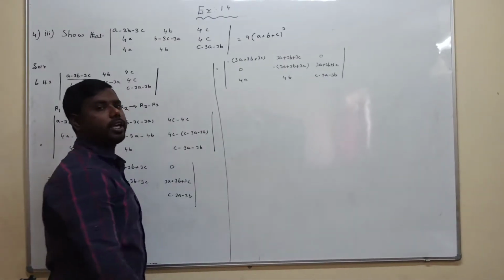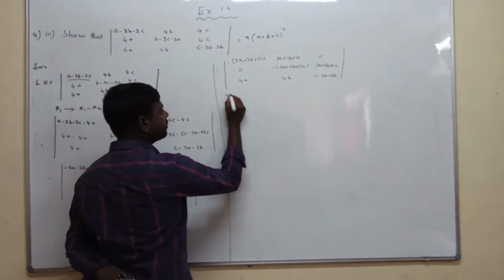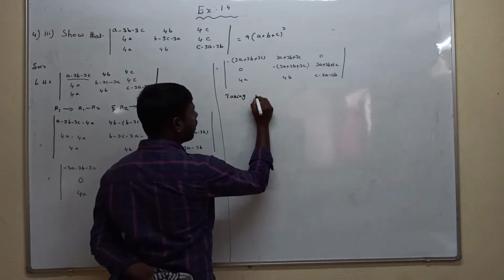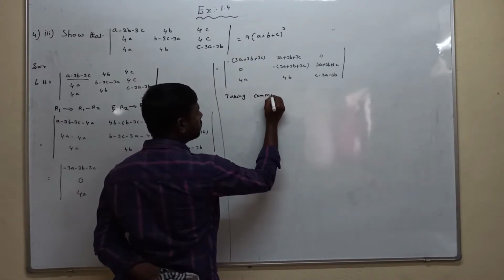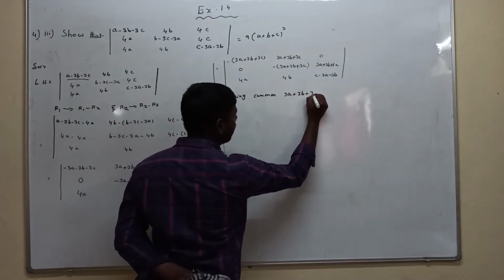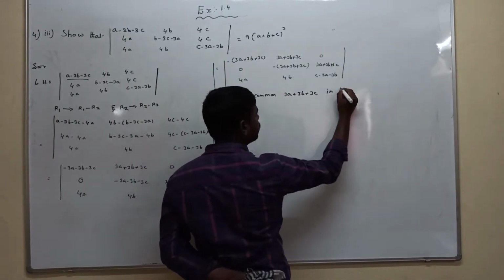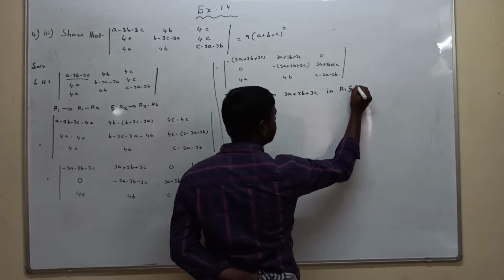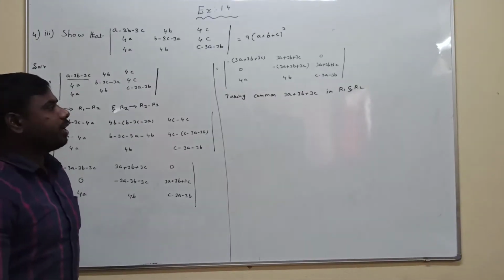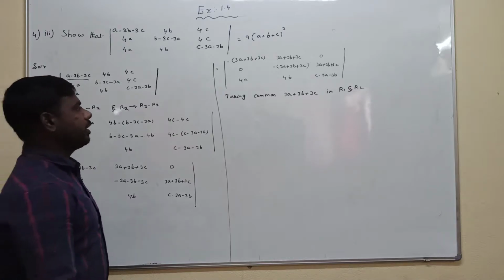In the second row also we are taking 3a plus 3b plus 3c common. So we take 3a plus 3b plus 3c common in the first row and the second row.